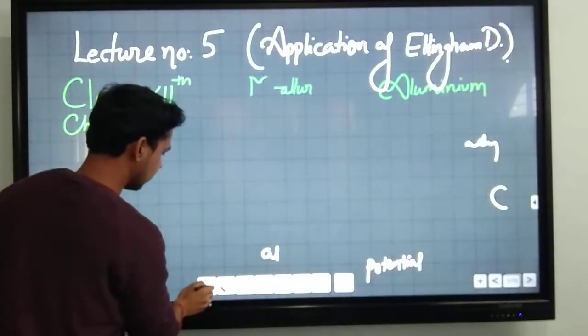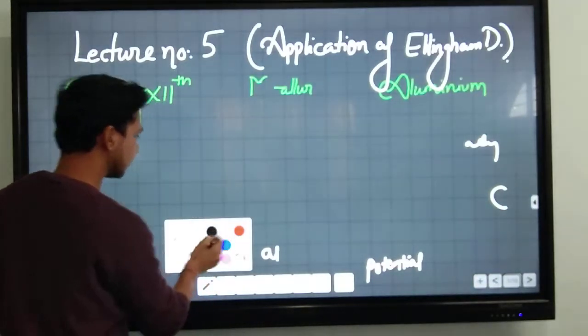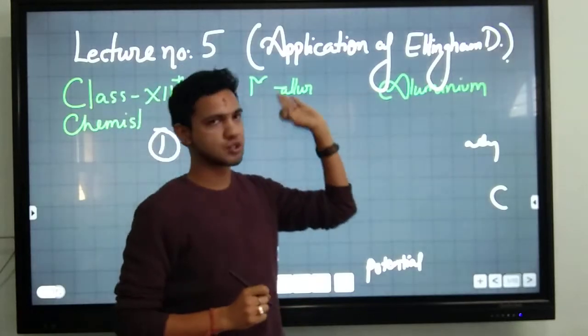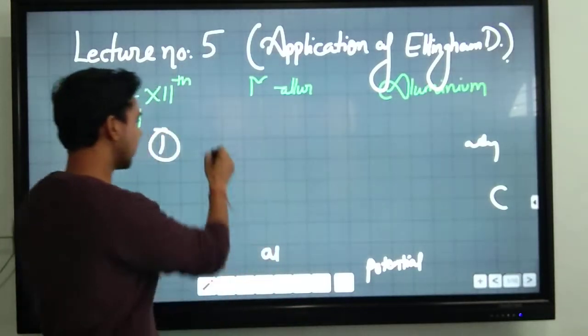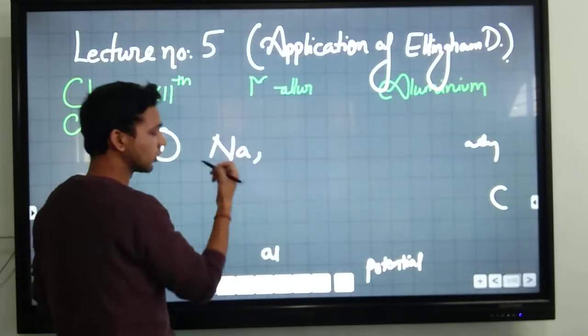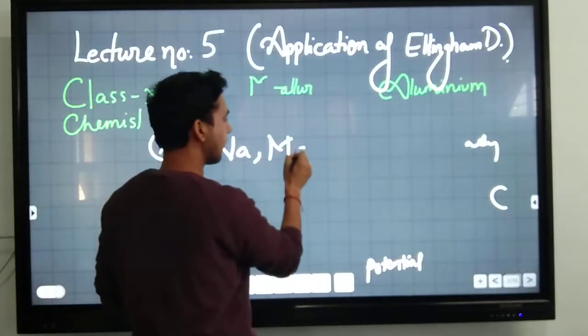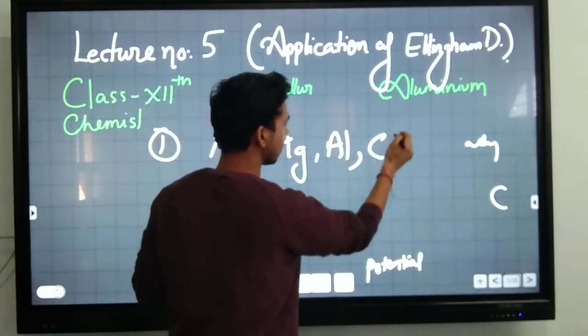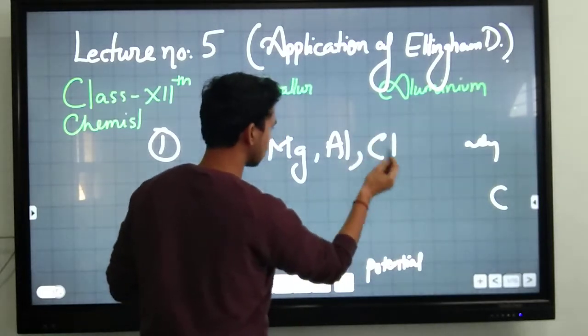See guys, what is the use of this metallurgy? This metallurgy is useful to extract aluminium from its ore, but besides this, we use this metallurgy for the extraction of sodium, magnesium, aluminium, and sometimes chlorine also.